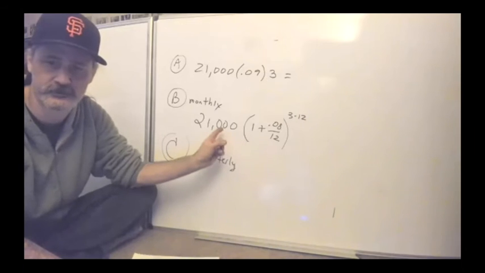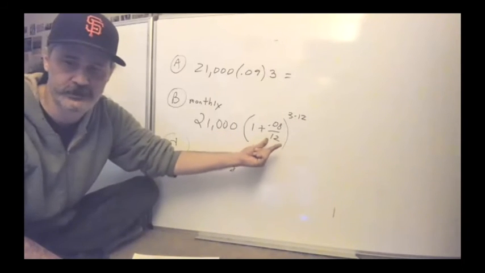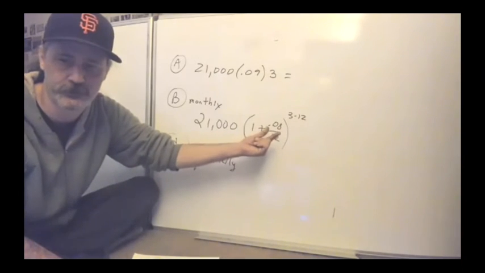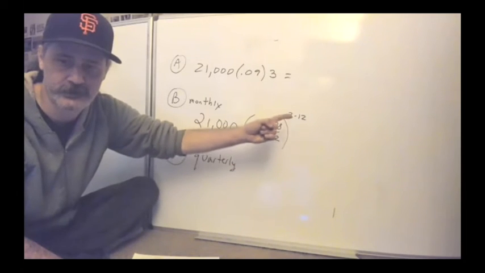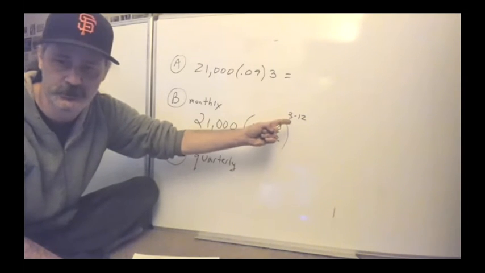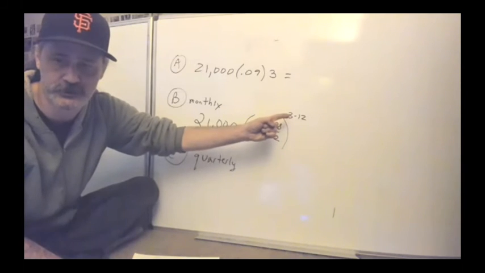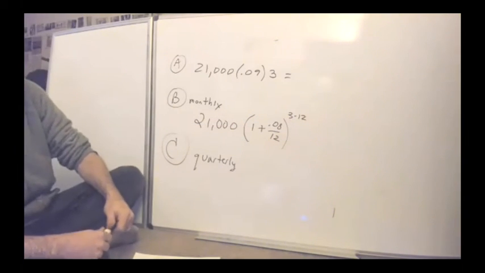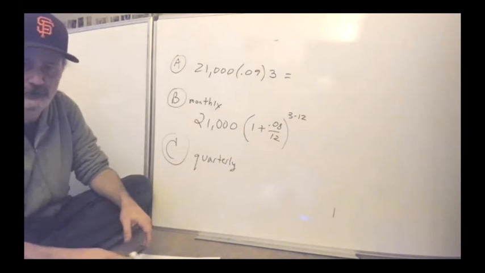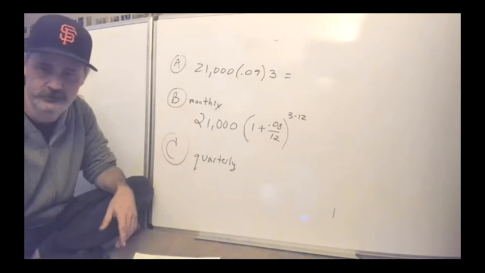Okay, so we're basing this on monthly, so we need our rate to be per month. That's why we're dividing the per year by 12. And now the exponent is the time, which is months. So in 3 years, you'd have 3 times 12 months. Okay, I'm going to go to C, and then we'll finish these 2 problems.